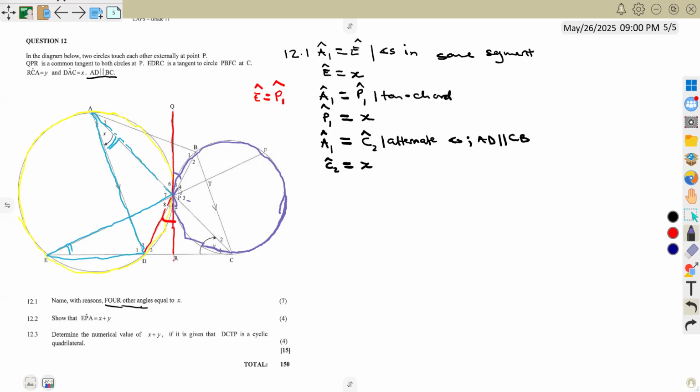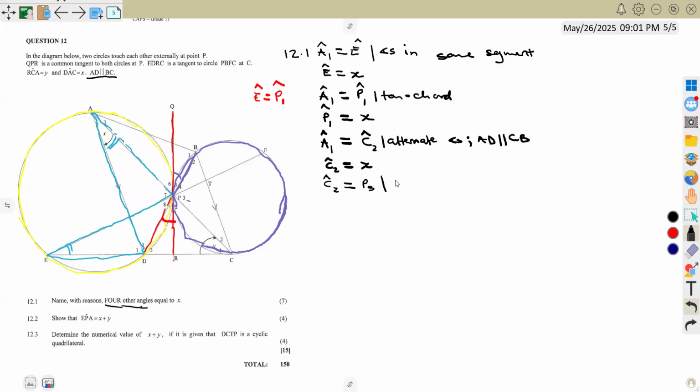Taking this one to be the chord in the smaller circle, we can conclude that the angle C2 is equal to the angle P5.